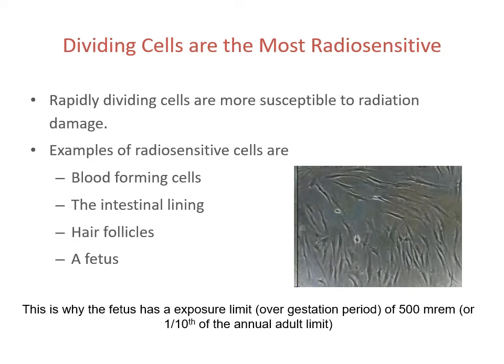Things like hair follicles, and rapidly growing bodies such as a fetus in the womb. Now, as a consequence of this, we have very different health-based standards for pregnant women and the child they're carrying. You can see that it's 1/10 of the annual adult exposure limit for those who are occupationally exposed.